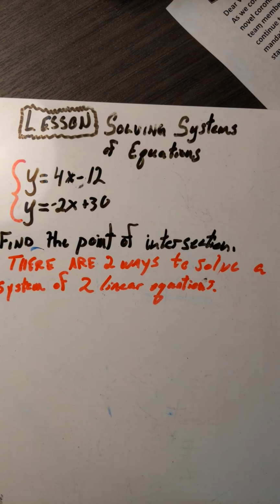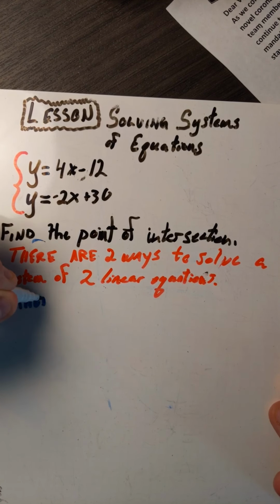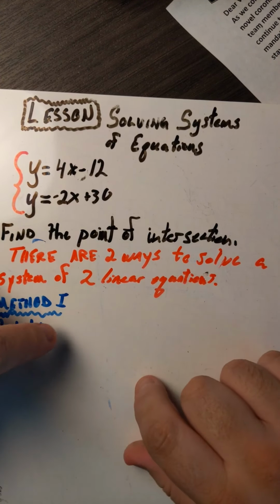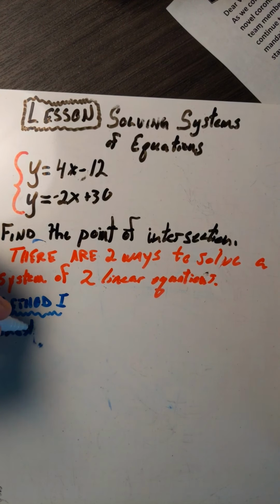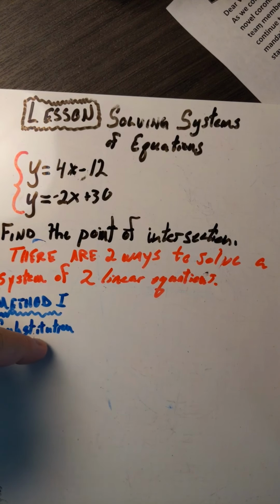So our first method we're going to list, we're going to write it here. We're going to say, okay, let's learn about method 1. So method 1 is called substitution. Oh goodness, that T is having a little bit of issues. Let's see if we can do that a little bit better. Okay, so substitution.